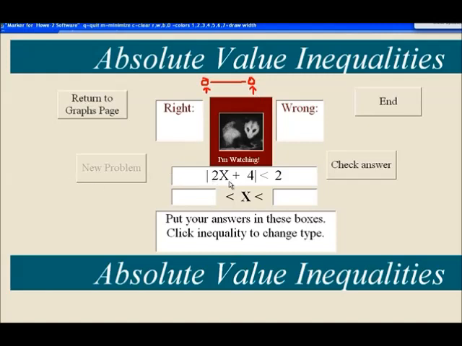I'm going to say that it's a sandwich. And watch the way I set this up. This thing right here is sandwiched in between 2 and negative 2. Negative 2 is less than 2x plus 4 is less than 2.